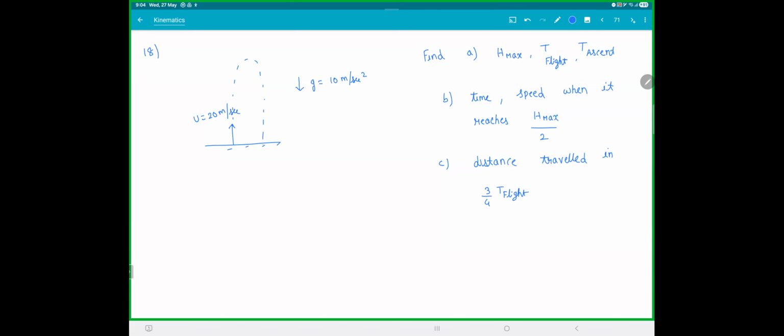No Shreya. We are finding for B, right? No. I didn't ask you time for H max. Time for half of H max. Get this, you should get this.